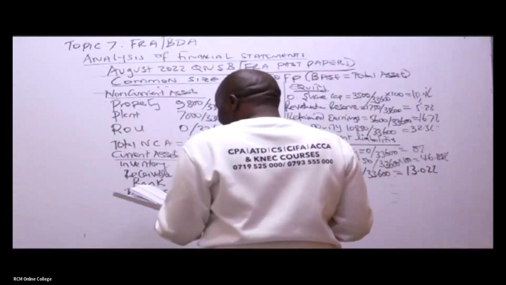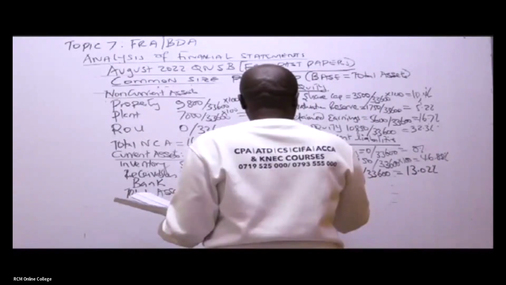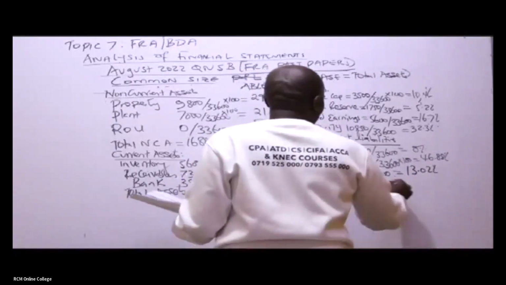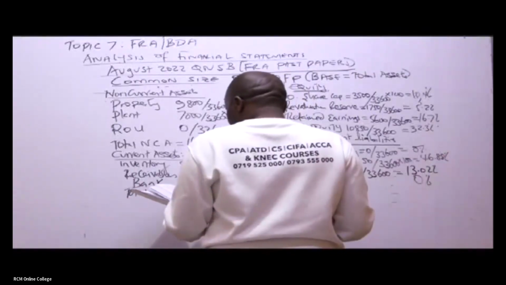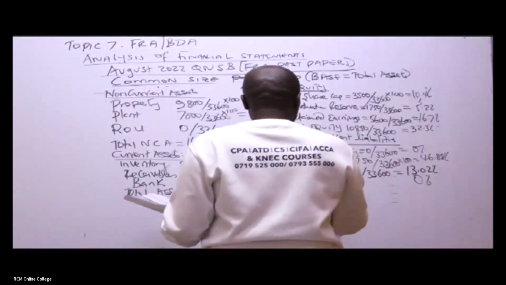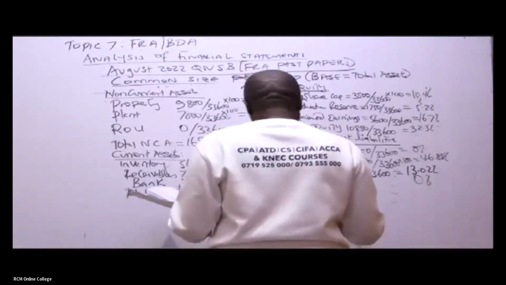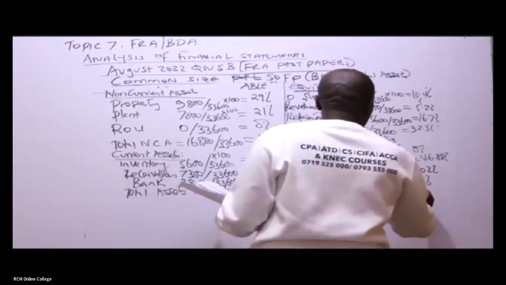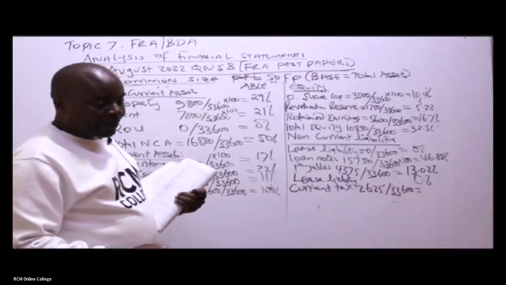Great. So after payables, I can see lease liability. Of course, I'm able to see it is 0 there, but I have to write it because of the other company, right? So then we have current tax. Current tax, we have 2625 divided by 33,600, which will give us what figure? 7.8%.